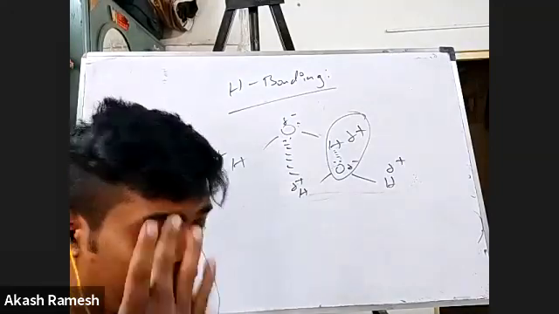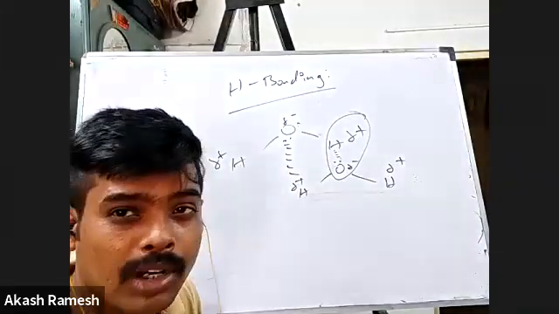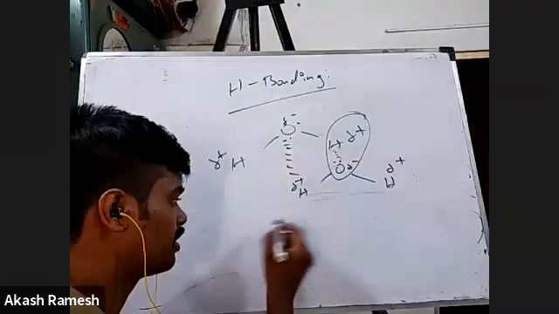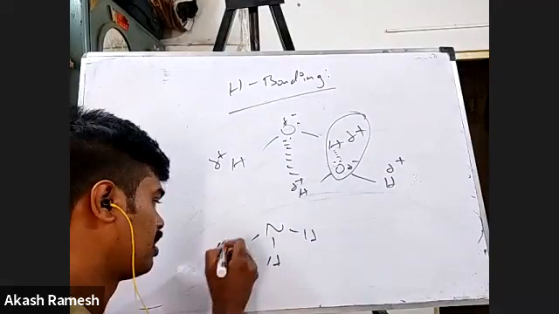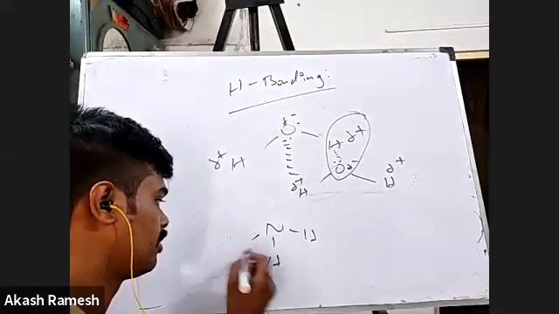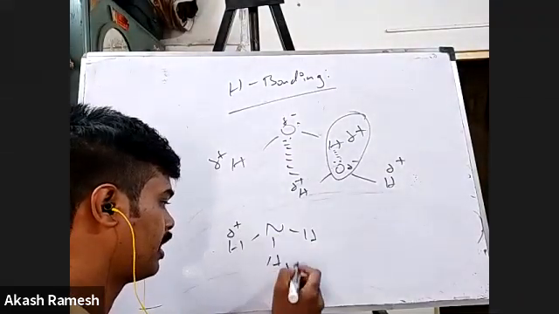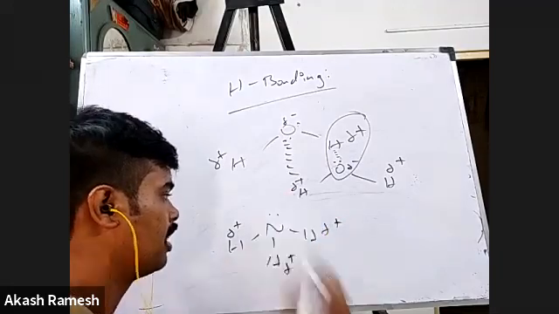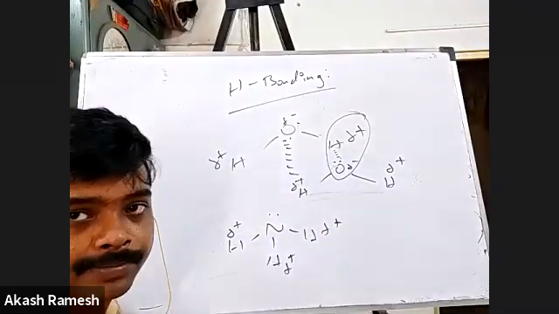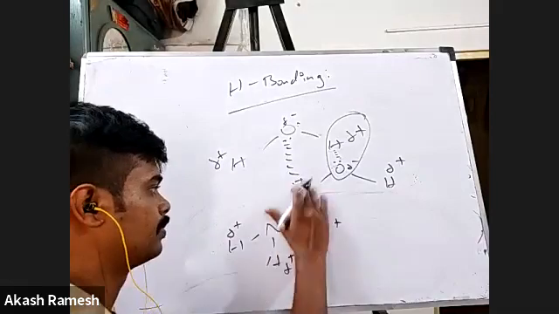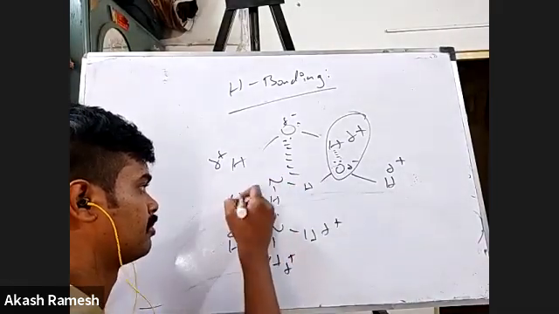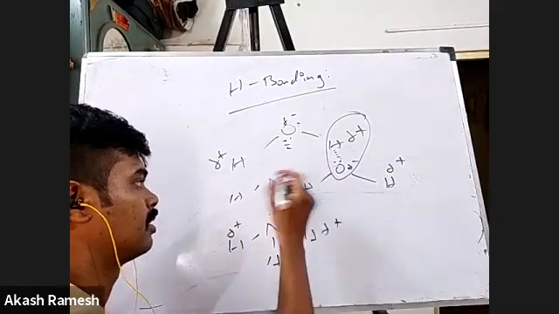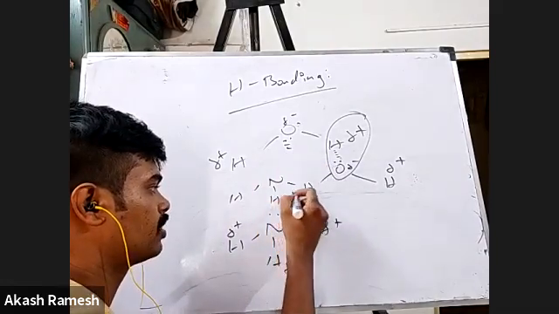Understood? Right? Now, same thing can happen even in ammonia. We'll take, like if you want, we can see that. Say ammonia molecule, del positive, del positive, del positive, and obviously I have a lone pair, right? So again I can have a del positive.